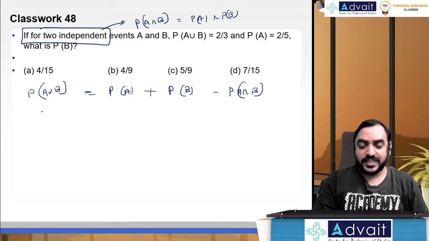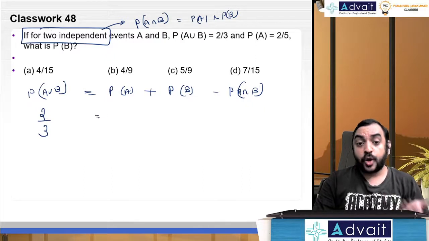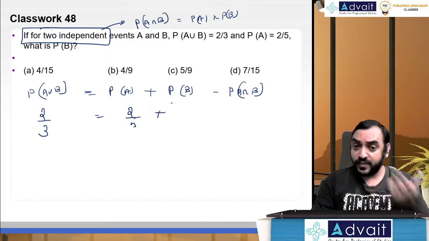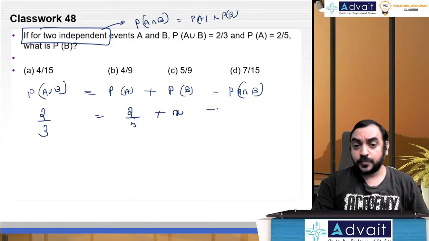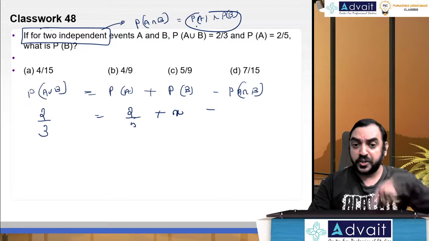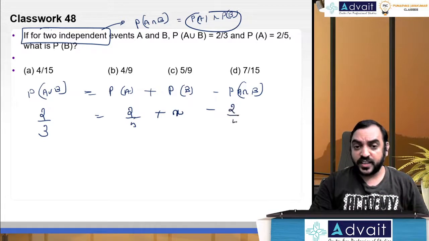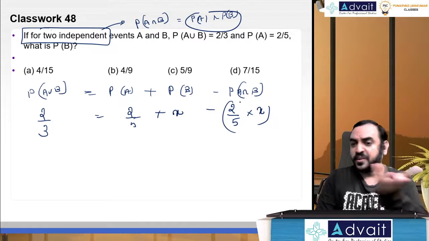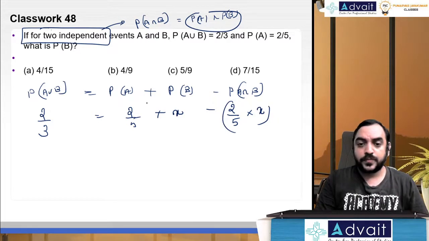A union B is given as 2 by 3. Probability of A is given as 2 by 5. Probability of B is not given, let me assume it as X. And for A intersection B, I am going to use probability of A into probability of B, that is 2 by 5 into X. And we have to simplify. You will get the value of X.